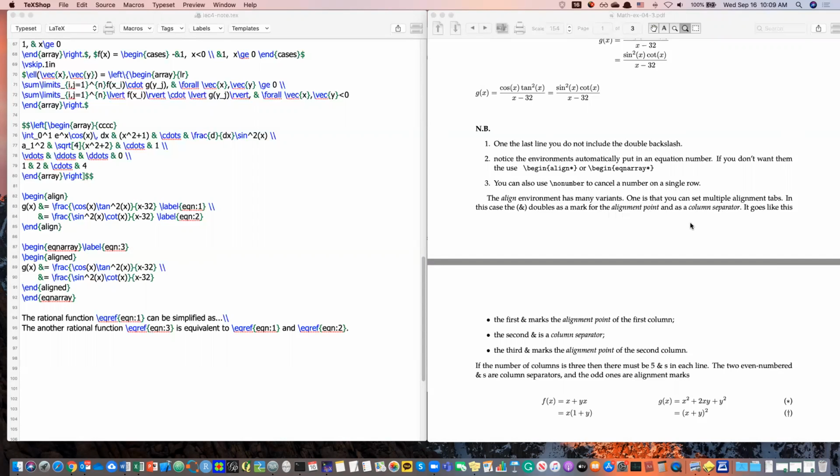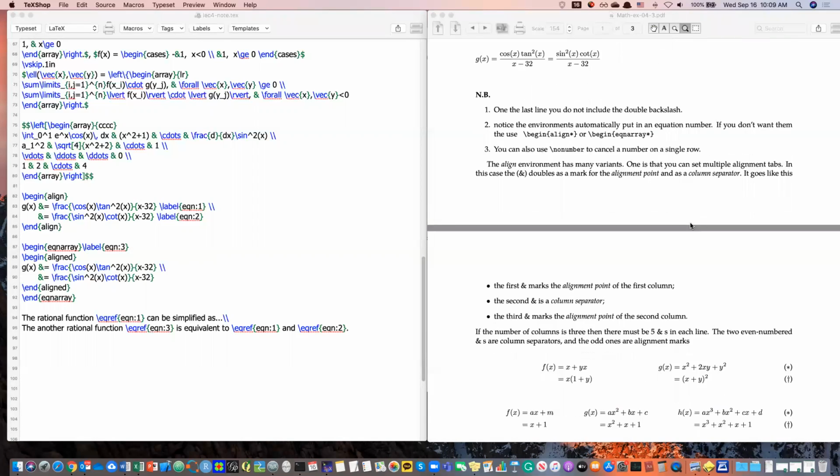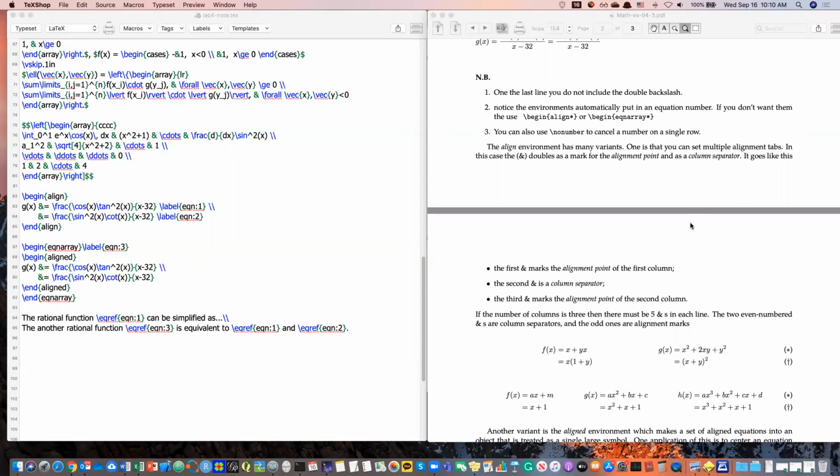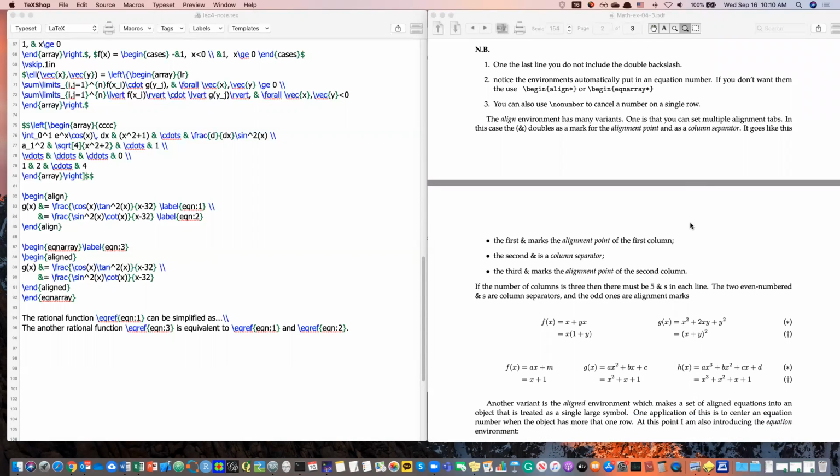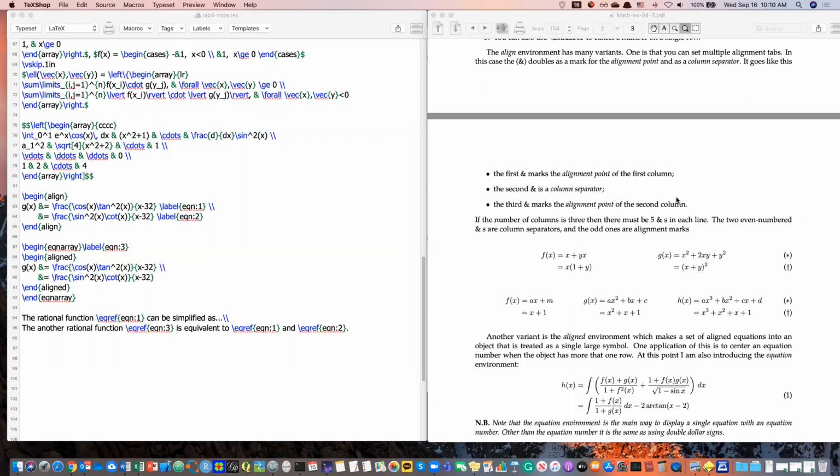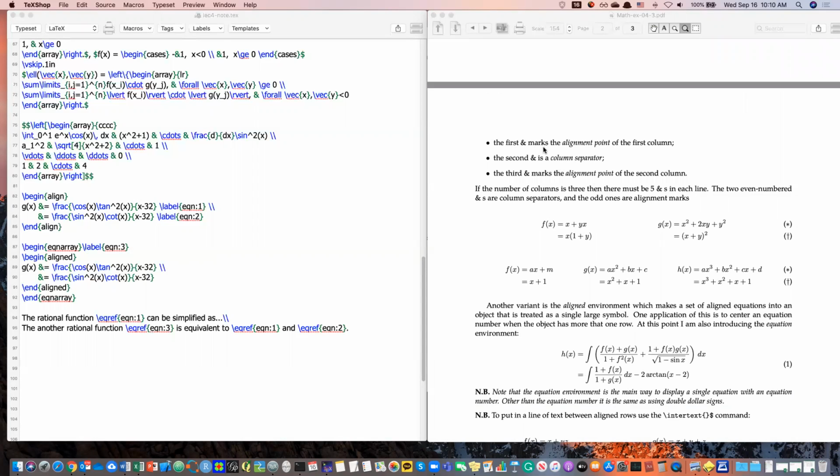It goes like this. You see, the first ampersand marks the alignment point of the first column. The second ampersand is the column separator. And the third ampersand marks the alignment point of the second column.